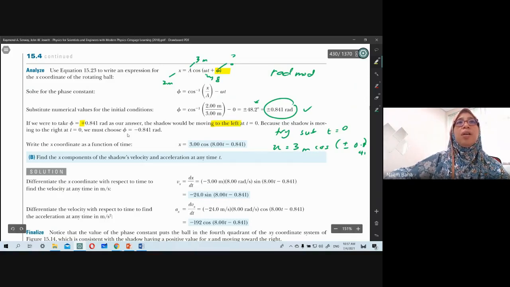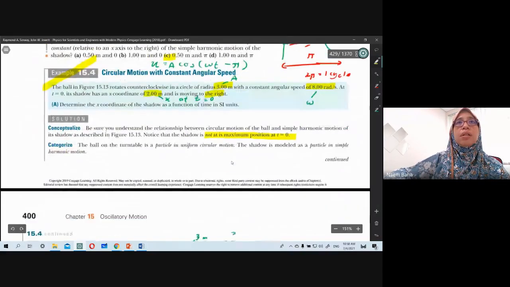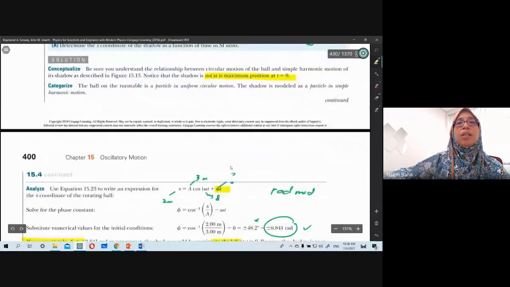The statement says it's moving to the right, and therefore you consider that phi should be negative 0.841. That's how you decide that it's negative.